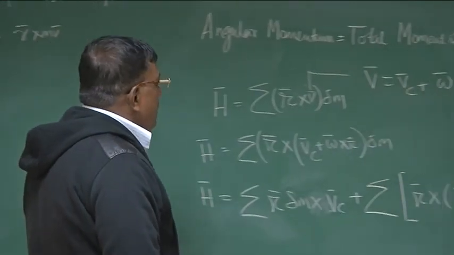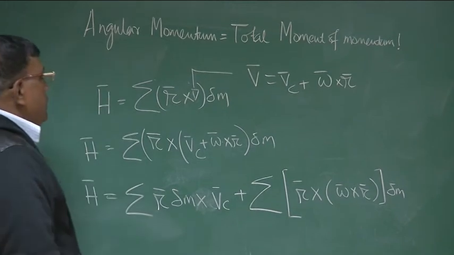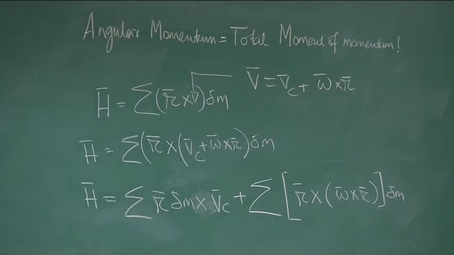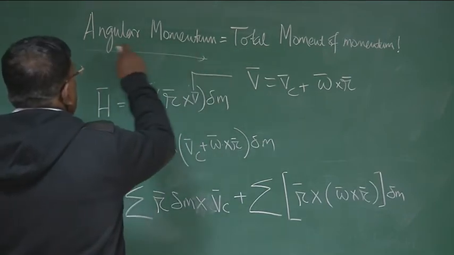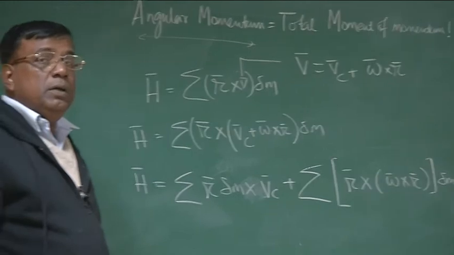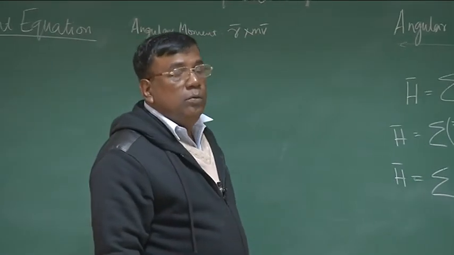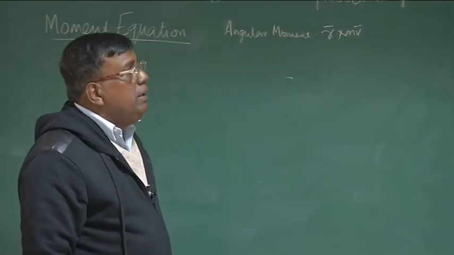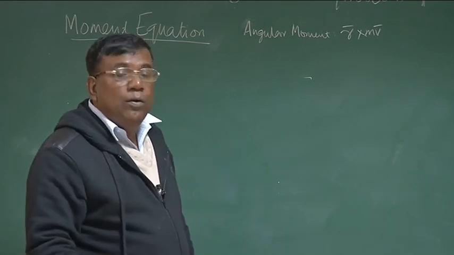Now we will try to develop the equation so that we can find the angular motion. For that we need angular momentum. Like for linear motion, to derive or predict or compute linear motion like u, v and w, we use linear momentum. For angular motion, we will be using angular momentum.